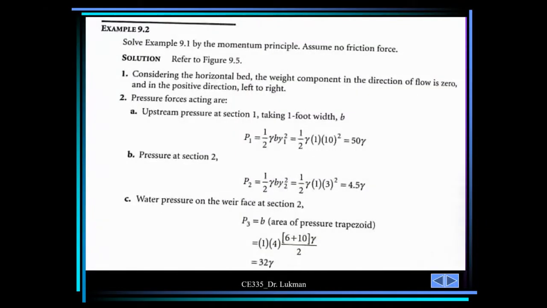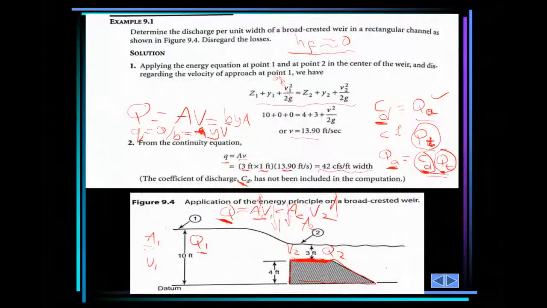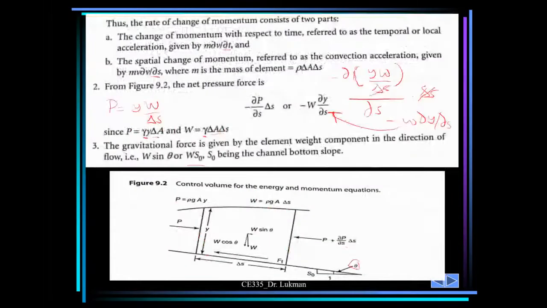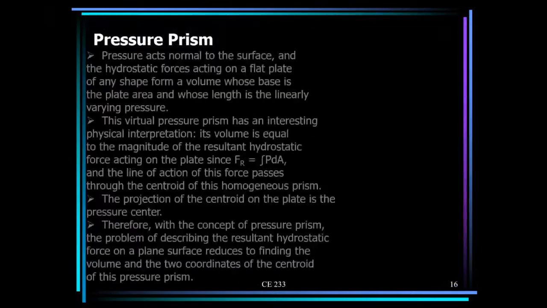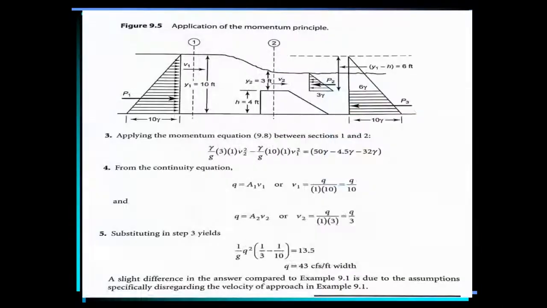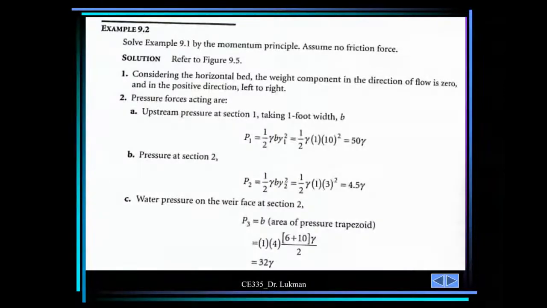Now, figure 9.5, this is the figure for Example 9.1. Now we want to find the flow rate per unit width.